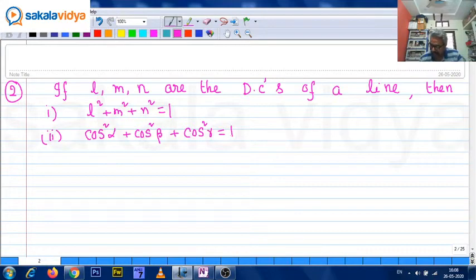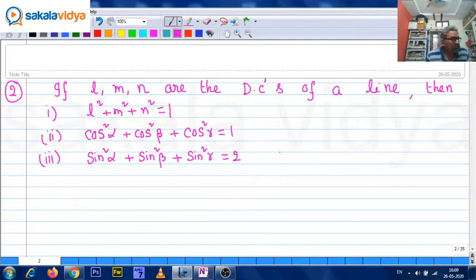Now substitute cos square alpha is equal to 1 minus sin square alpha, cos square beta is equal to 1 minus sin square beta, and cos square gamma is equal to 1 minus sin square gamma. Then what do you get here? We get sin square alpha plus sin square beta plus sin square gamma equals 2. So this relation we shall get.